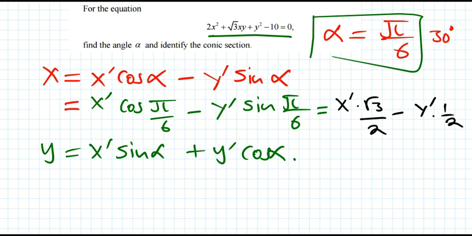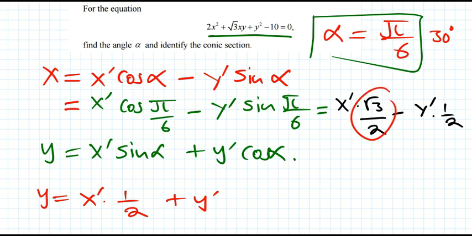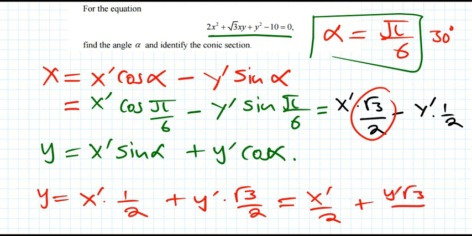We'll do the same, we'll substitute in the one below. So x prime sine of that is again 1 over 2, plus y prime cosine of the angle again is just root 3 over 2, which will give us x prime over 2 plus y prime root of 3 over 2.